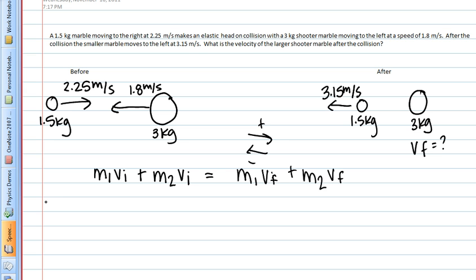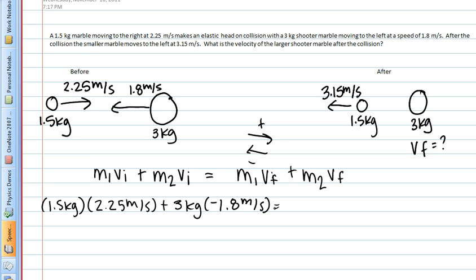So here we'll start off, our first mass is 1.5 kg times a positive initial velocity because it's going to the right. We'll add that to our mass 2, which has a mass of 3 kilograms times a negative initial velocity, since it originally is moving to the left.